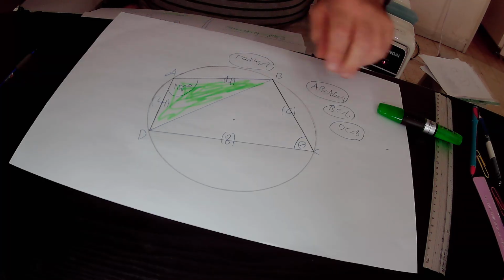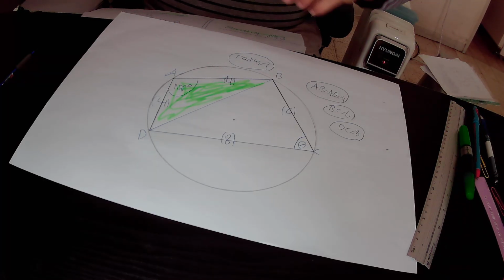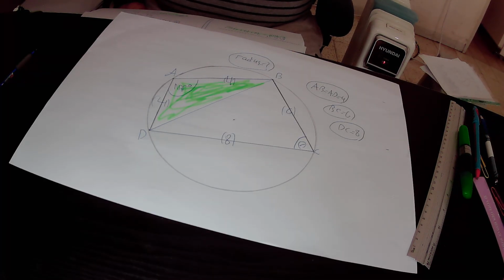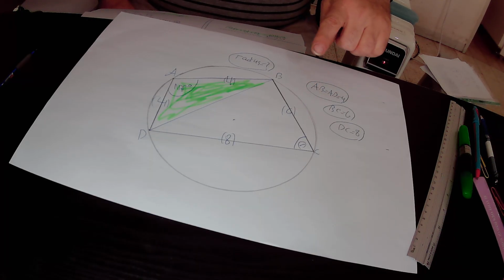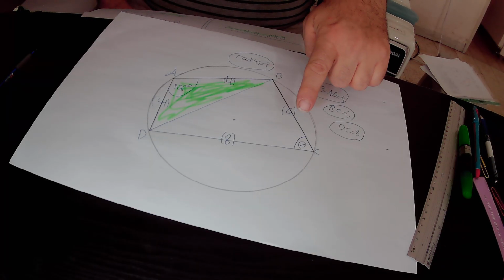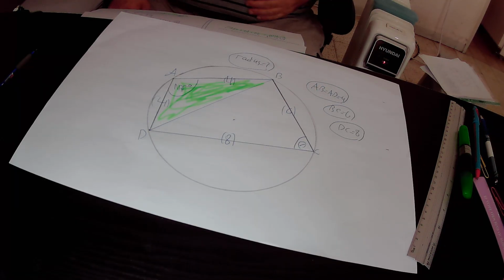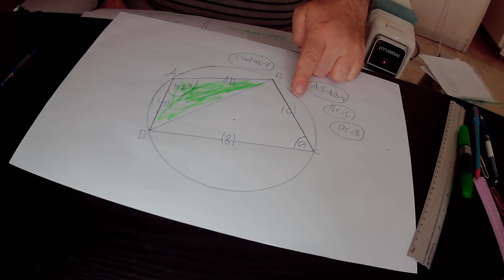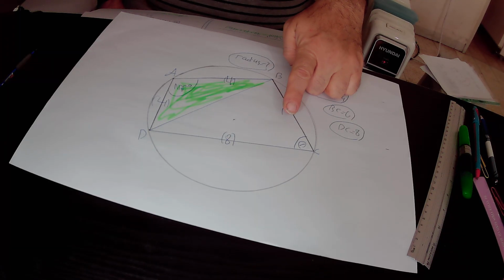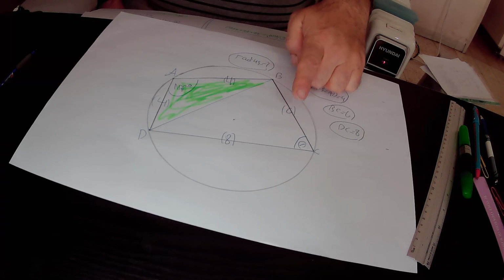BD is the missing side, so we have to substitute. BD squared equals BC squared. BC is 6, therefore BC squared is 6 squared, that is 36, plus DC squared. DC is 8, therefore DC squared is 8 squared, that is 64, minus 2 times BC, that is 6, times DC, that is 8, times cosine theta.